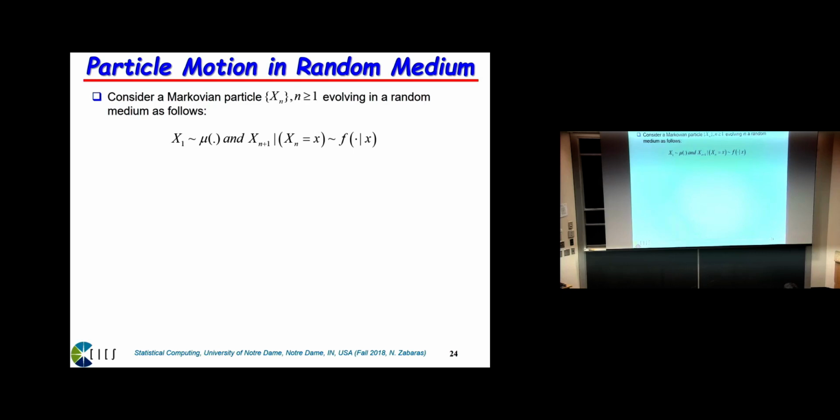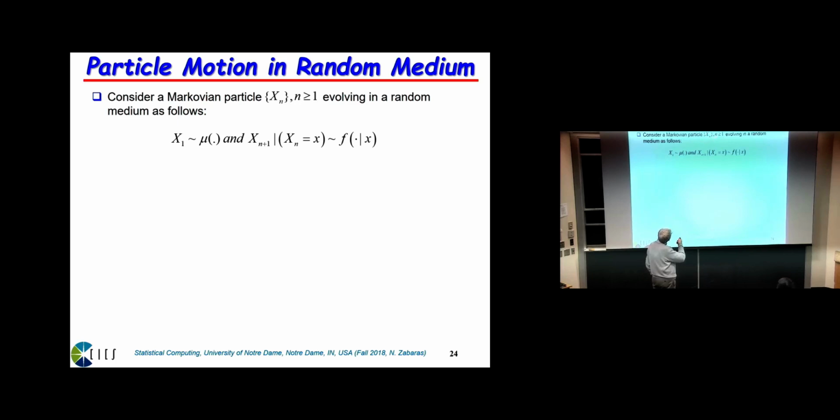Let me see if this is an important problem. There are lots of problems in physics and chemistry, statistical mechanics, everywhere. So let me give you an example where the marginal likelihood is actually what you need, not the posterior. Imagine that you have this particle xn, I call it a particle, right?